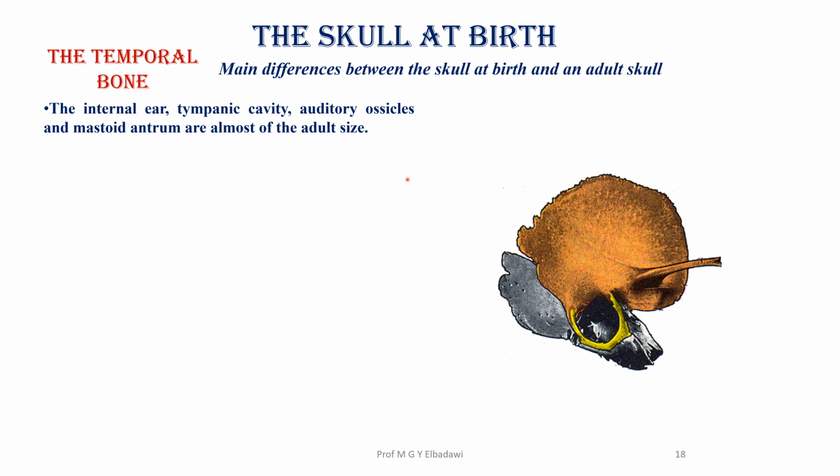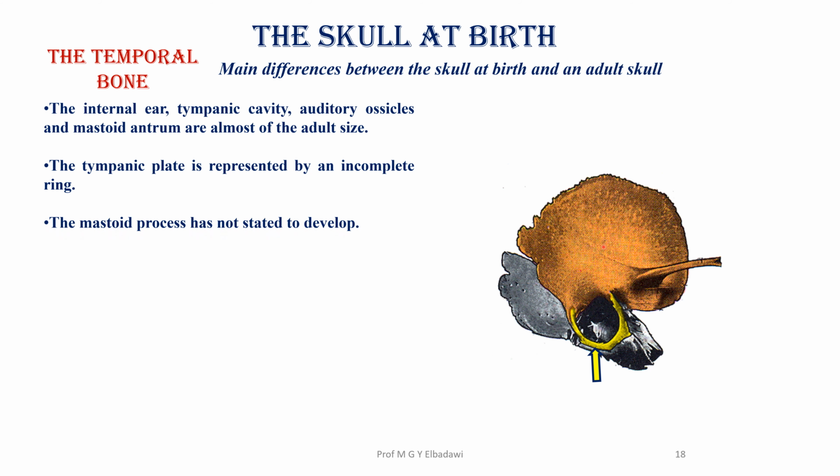So the child can hear exactly like the adult, and this is a very important function for the child. The tympanic plate is represented by an incomplete ring. Here it is not well developed. The mastoid process, as we said, has not started to develop.